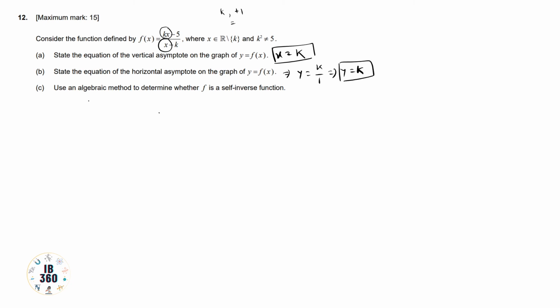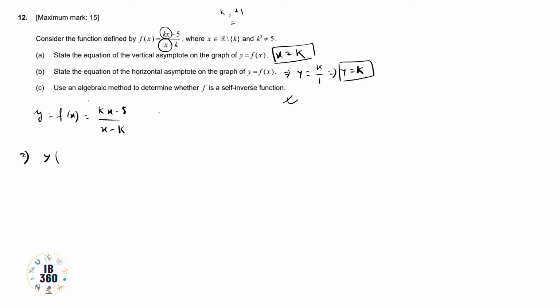Okay, now we have to use an algebraic method to determine whether f is a self-inverse function or not. How will we find out? Just from this equation, y equals f of x equals kx minus 5 divided by x minus k. Just multiply that.